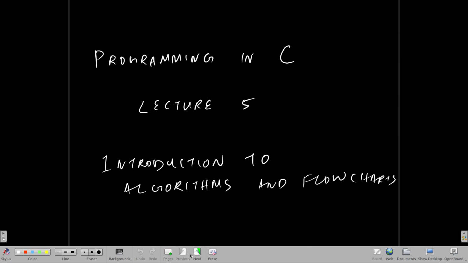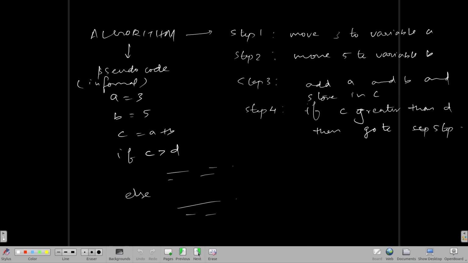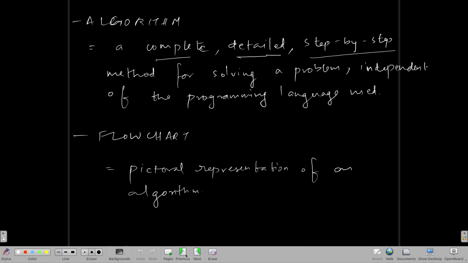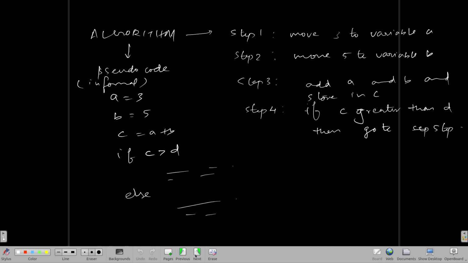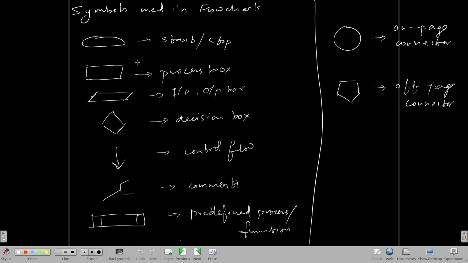So this is a basic understanding of what an algorithm and a flow chart is. In an algorithm I just mentioned two ways of writing the same algorithm, and in a flow chart I just went through the symbols. Okay, now let's do one simple thing using algorithm and flow chart, so you will get an understanding.